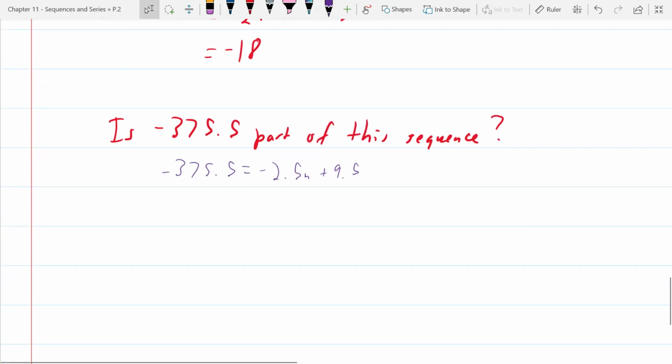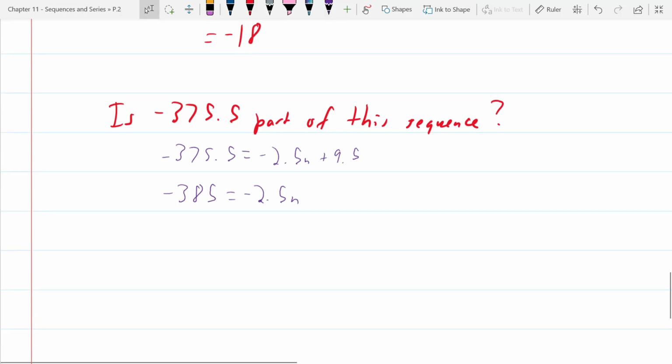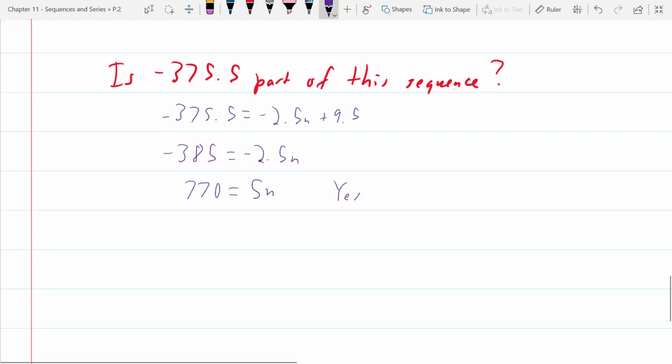Subtract 9.5 from both sides, you're going to get negative 385 equals negative 2.5n. Divide both sides. Well, we don't have a calculator. I'm pretending that you don't, because I don't. So I'm going to multiply both sides by 2. I get negative 770. I'm going to multiply by negative 2. 770 equals 5n. Boom, that is enough to say yes, because I know that 770 divides by 5.